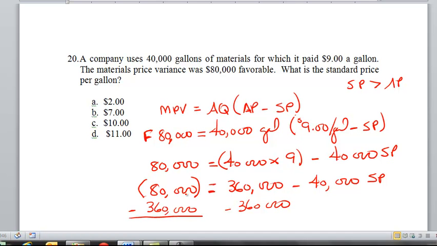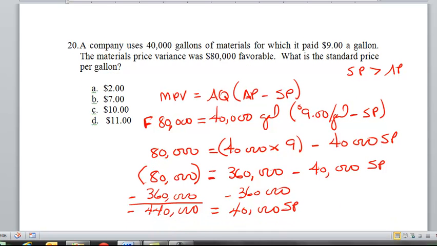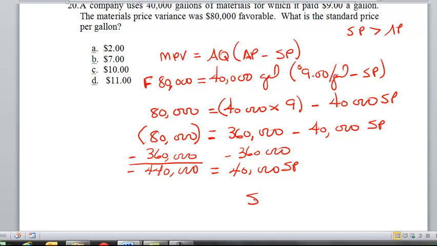So a negative 80 plus a negative 360 gives me a negative 440,000 equals 40,000 SP. Now I can solve for SP by dividing 440,000 by 40,000. Therefore, my SP is going to be equal to $11.